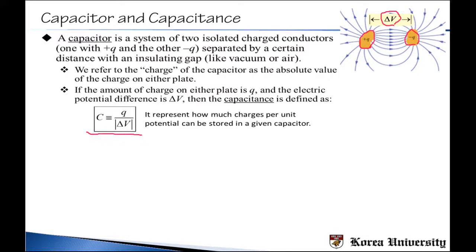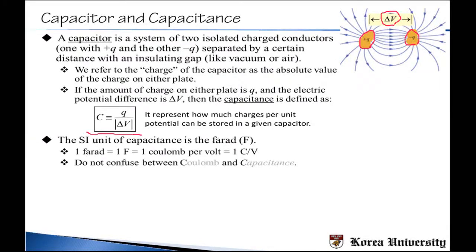The capacitance is defined as the amount of charge stored in this capacitor divided by the electric potential difference between these two plates. What it represents is how much charge can effectively be stored per unit potential difference. So capacitance shows you how good the capacitor is for storing charges.